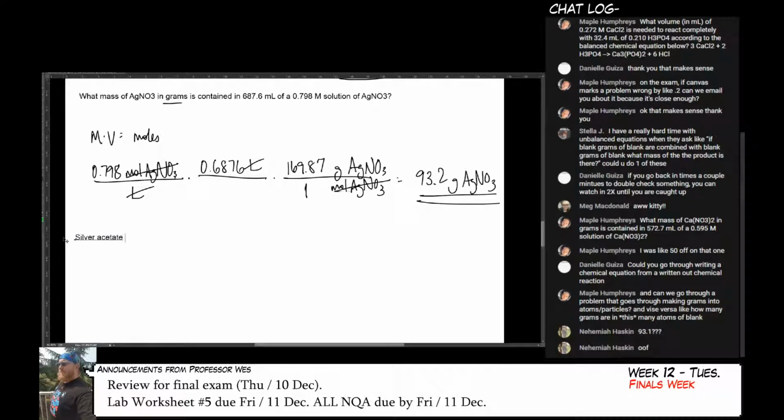Silver acetate mixes with sodium bromide to form... I've already forgotten something. So silver 1 acetate to form silver 1 bromide and sodium acetate. So something like this. This is probably how photography paper is made.